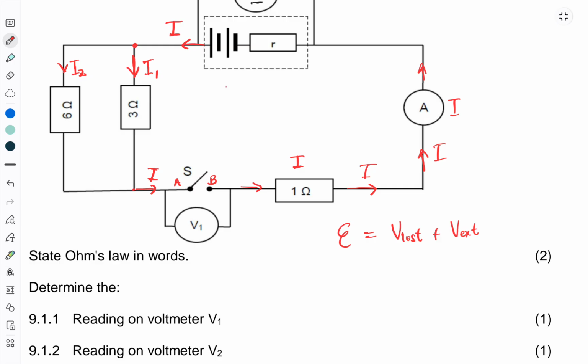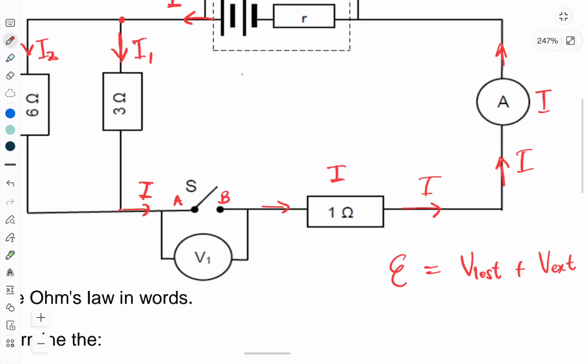So now, because there's no current flowing, the voltage that will be measured by V1 is simply the one on the battery.